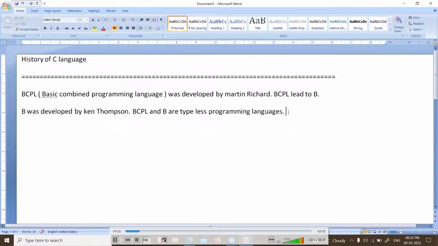After that, there is a person who introduced data types also. From B, they developed C language.